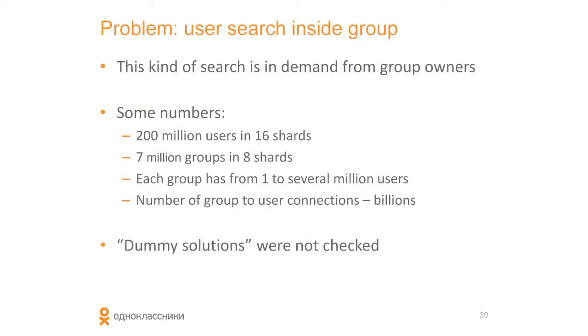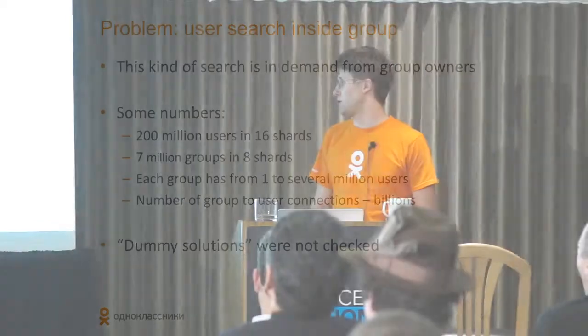We have, as I said, 200 million users, 7 million groups, and these things are sharded on different SQL servers. So primary storages aren't one machine, and some groups are pretty big, so we can imagine the number of connections we have. And handling this problem in some dummy way directly, we didn't try it, because I'm sure it isn't going to work.